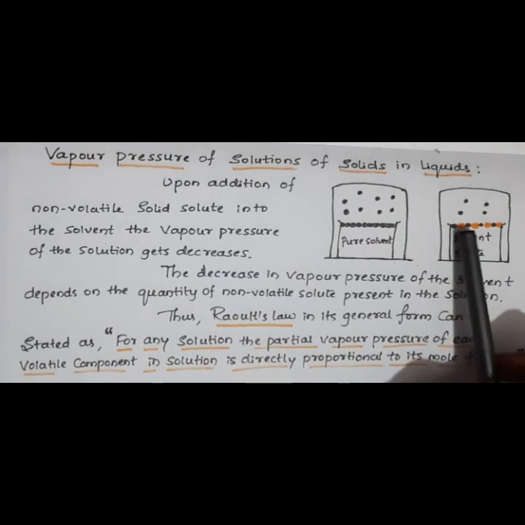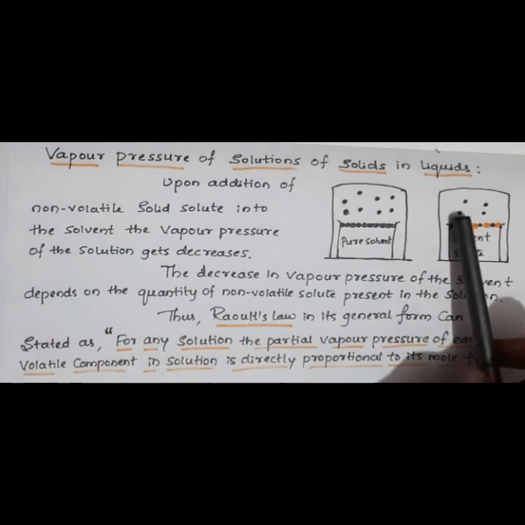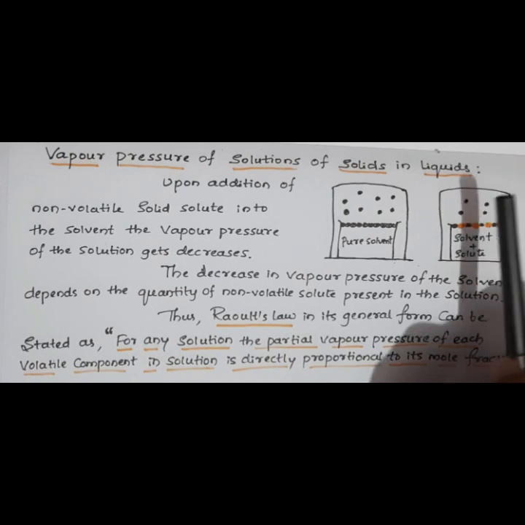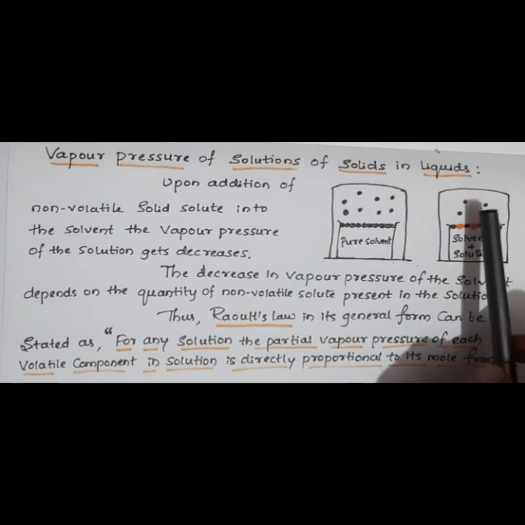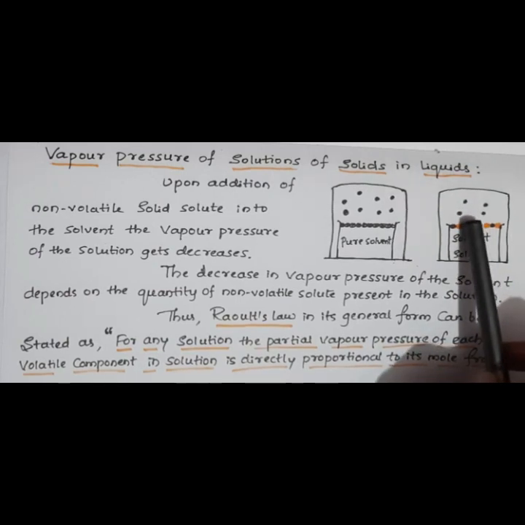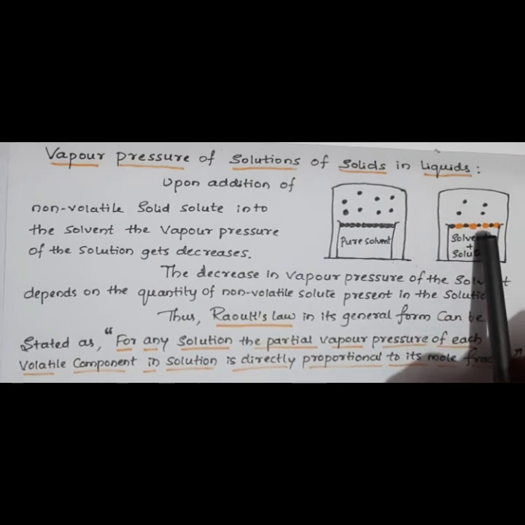Since fewer solvent molecules are present on the surface, fewer solvent molecules escape from the surface, and hence the vapor pressure of such a solution decreases because fewer solvent molecules escape from the surface of the solvent.